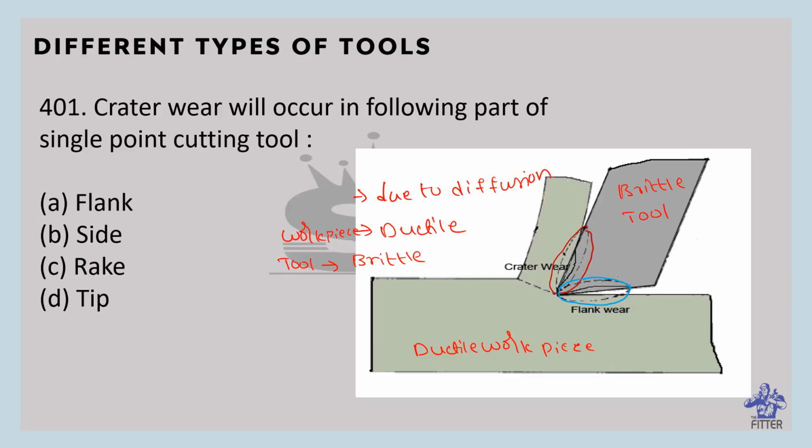It occurs on the rake side. So option C is the right one.